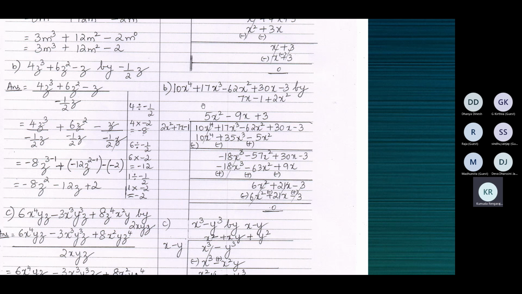Now again multiply minus 9x with all these three terms and write the result here. Change the signs. Simplify and bring the last term. Minus 3 is not used, so bring it down. And now what will you divide?